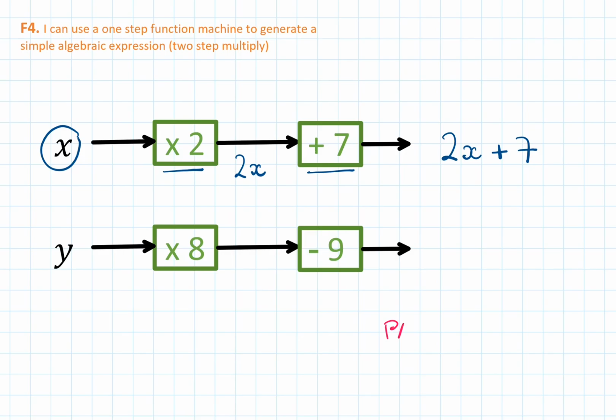Pause the video here and try to work out the second example for yourself. The second example, the input is y, we multiply that by 8, our intermediate result will be 8 lots of y, and then we subtract 9 from that, and our final output is 8y subtract 9.